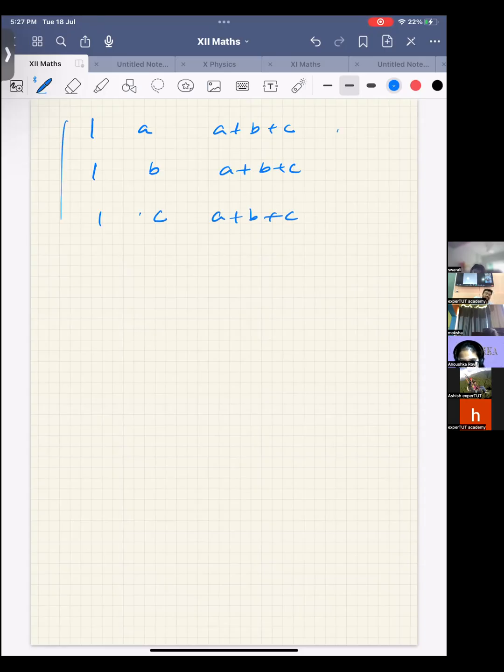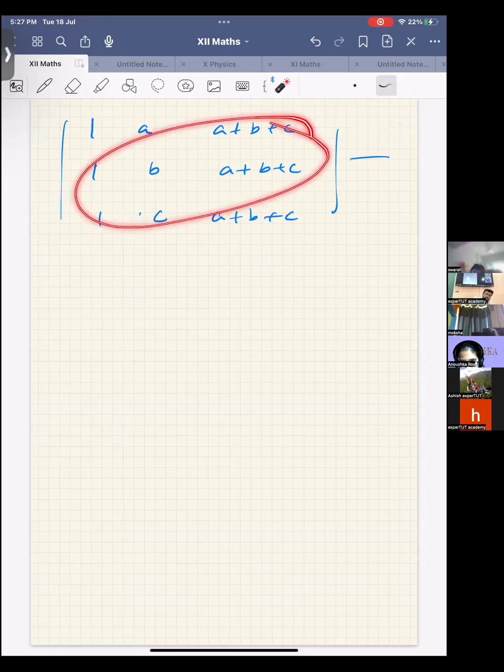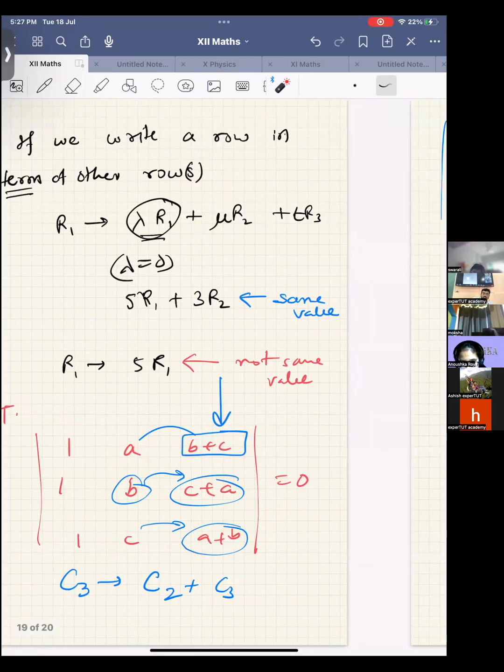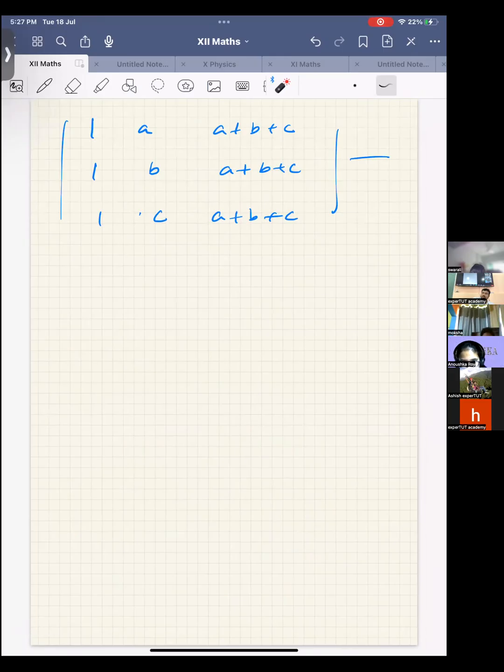But you should understand that the value of this determinant is same as the value of this determinant, because what you have done is just a linear combination of two, right? Now what you want to do? If you do C2 to C2 plus C3, it will become 2a plus b plus c, right? Understood?